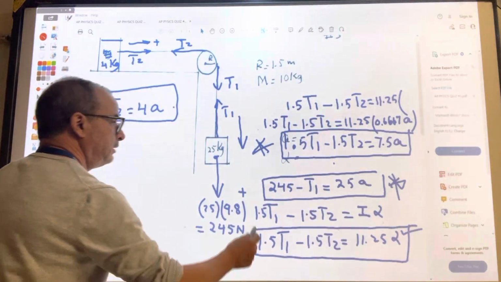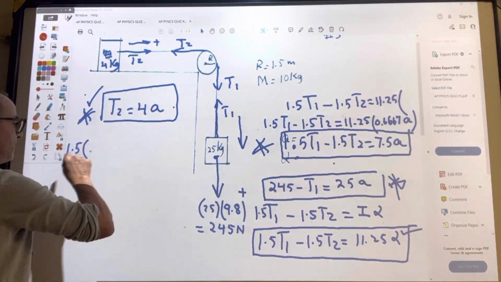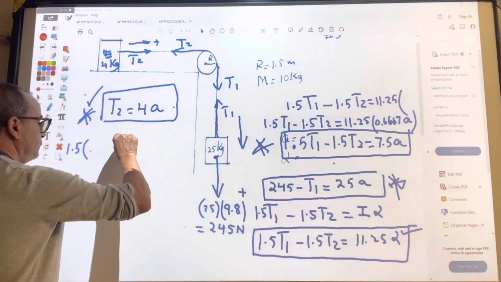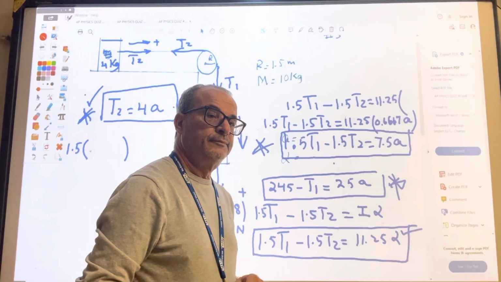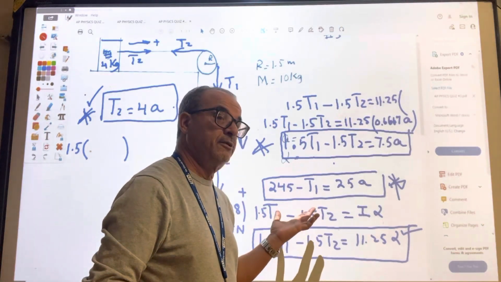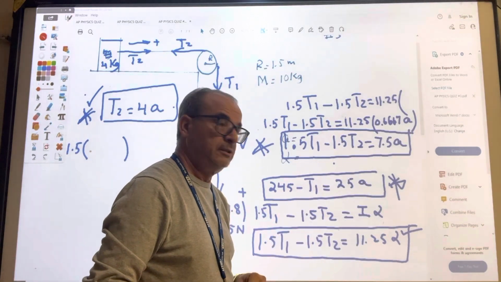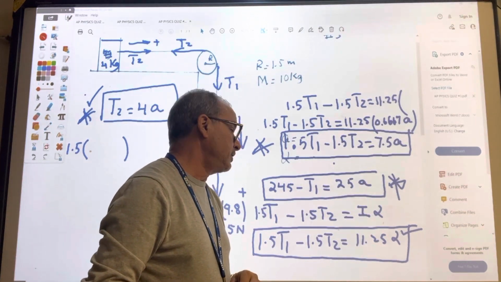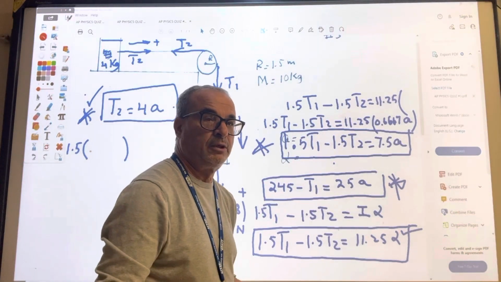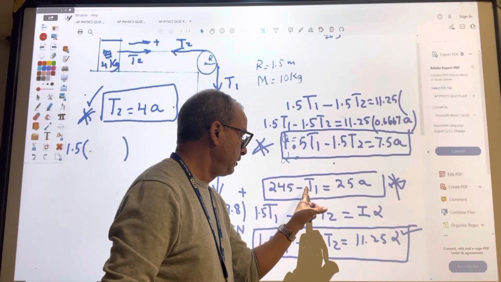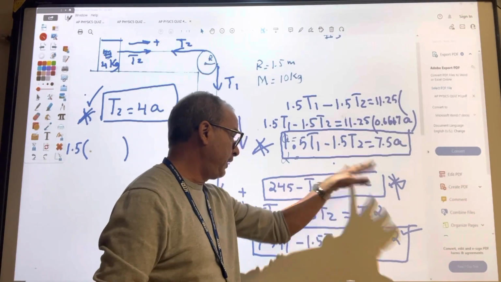All right, so let's do that. I'm going to write 1.5 times T1. Now what's T1? You can do it mentally. If you move minus T1 to this side, you move 25A to the left. T1 is 245 minus 25A. Come on, algebra 1. If you want T1, you get the T1 on the other side, it becomes plus T1, and then you move the 25A to the left.